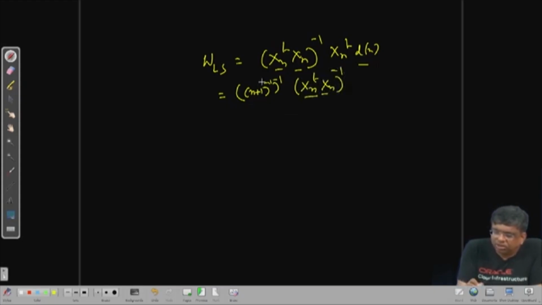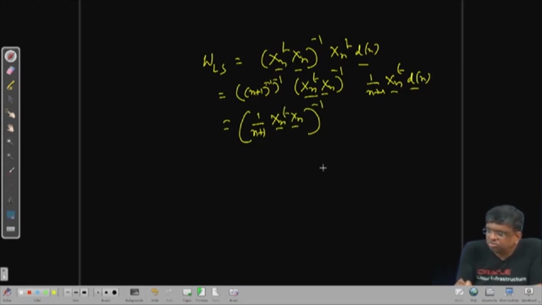This I write as it is, and that 1 by n plus 1 I write here. They are scalars, so I can write them anywhere. This is nothing but n plus 1 inverse and Xn transpose Xn inverse. So this can go inside, n plus 1 inverse is 1 by n plus 1. This inverse, very easily, if you take the inverse of 1 by n plus 1, it gives you n plus 1. n plus 1 and 1 by n plus 1 cancel.